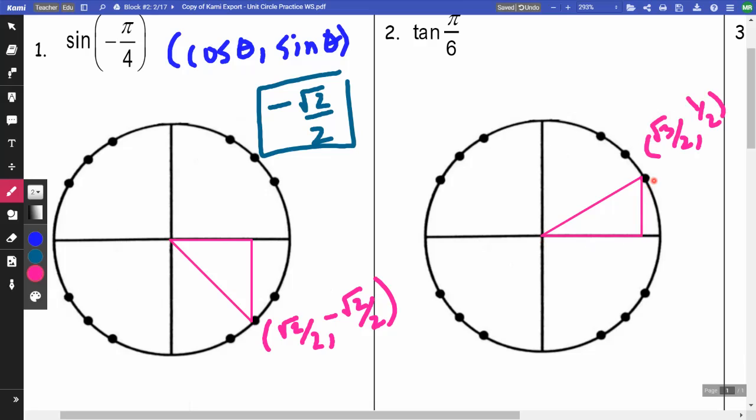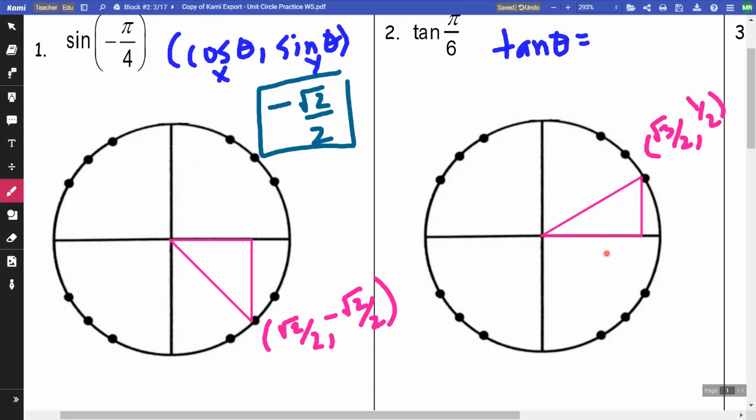Now, tangent, remember, is opposite over adjacent. So that means it's basically going to be our y over our x. Let me jot this down real quick. Tangent of theta: remember this was our x, this was our y for our cosine and our sine.